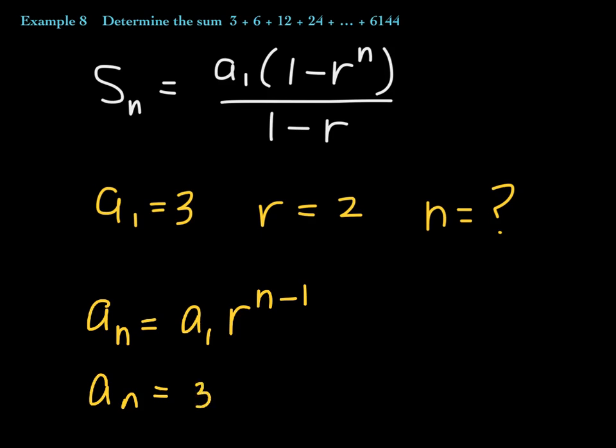We know that your common ratio is 2. Pretty cool? So what I want to do now is plug in, remember a sub n stands for the last term or the nth term, and the last term is 6,144. So I'm going to plug that in for a sub n and then solve for n.